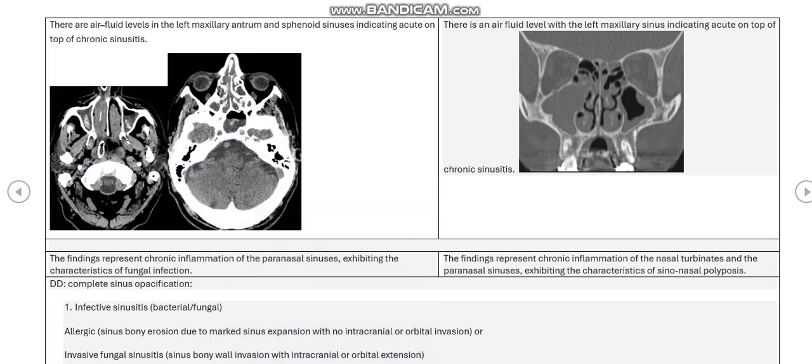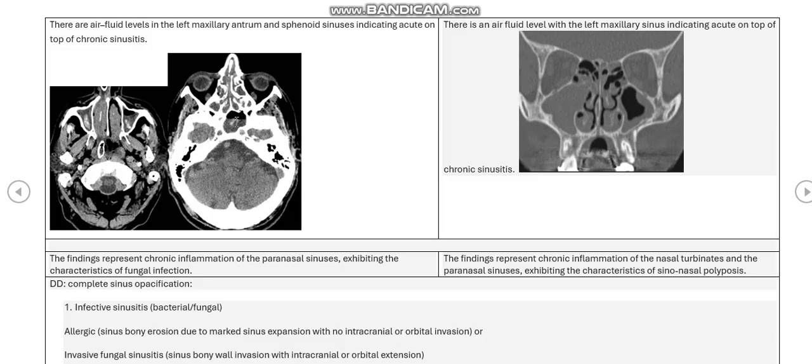So here there is an air fluid level in the left maxillary sinus. Okay, there is an air fluid level here in the sphenoid sinus. So this means that this is acute on top of chronic.